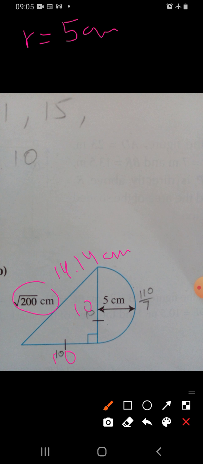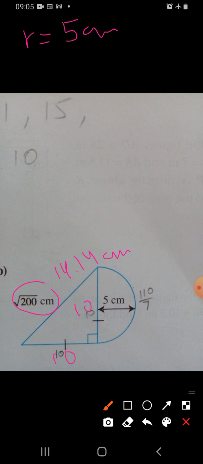So what did we get now? The triangle's base length is 10 centimeter, the hypotenuse of the triangle is 14.14, and we know the radius of the semicircle. Now we will first find the perimeter, and then the area.